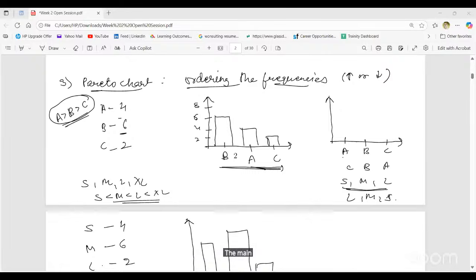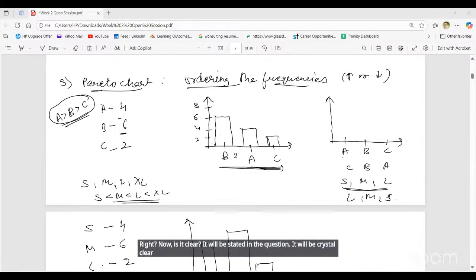The main thing is, if the question states that the data are in order, then you just have to make a graph in which the order is maintained. That's it. And if they say you have to make a Pareto chart, just make a Pareto chart. It will be crystal clear in the question what you have to do.